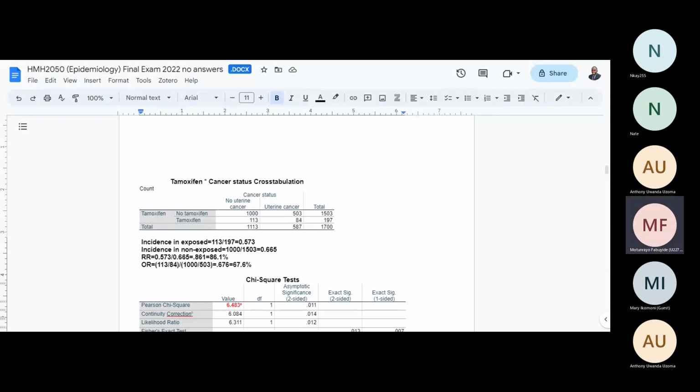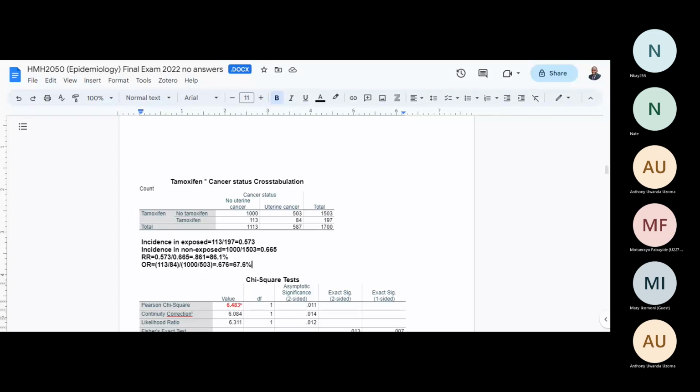Which one do we think is used in this calculation? Odds ratio.